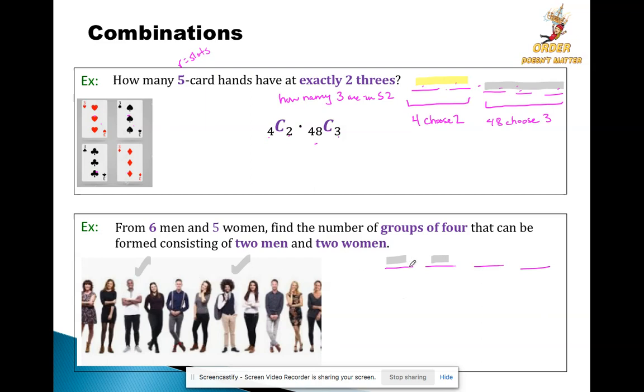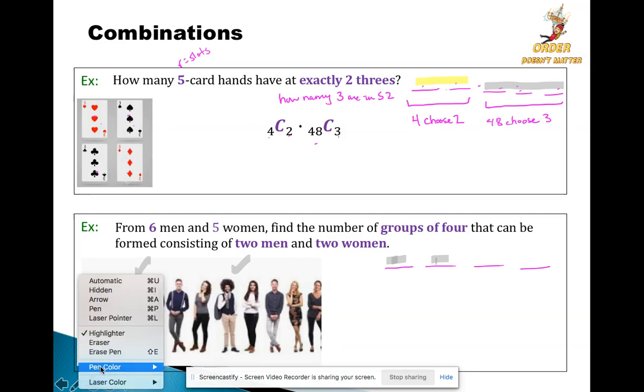So order doesn't matter, right? One guy with folded arms and one with a jacket over his shoulder is the same group in either order. I know I'm filling 2 slots, but I'm choosing out of how many?